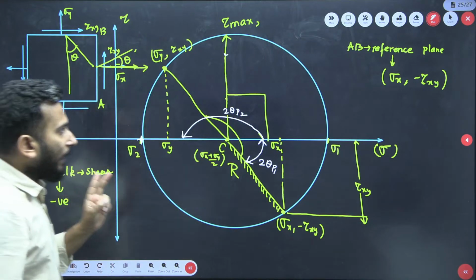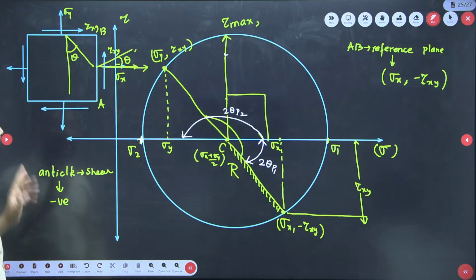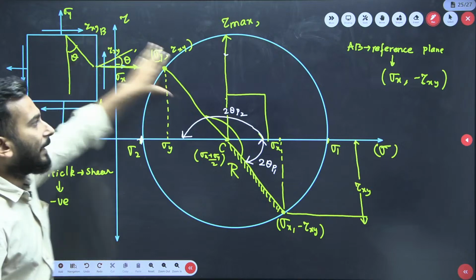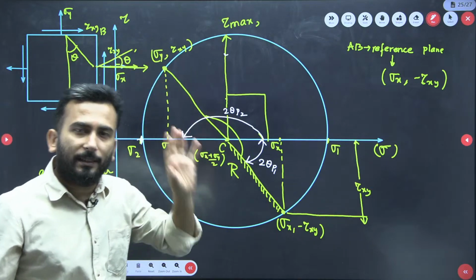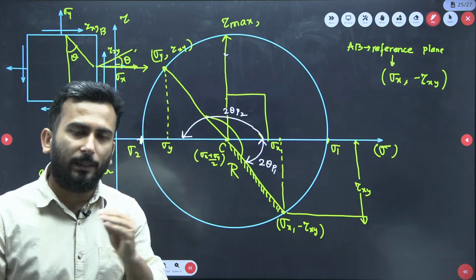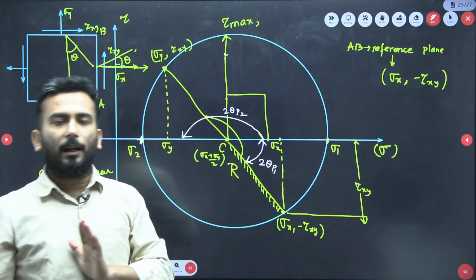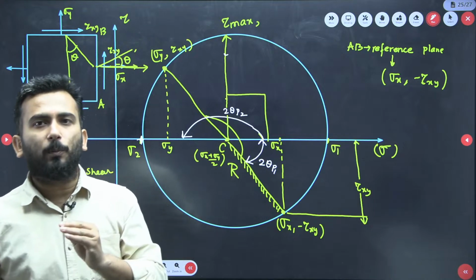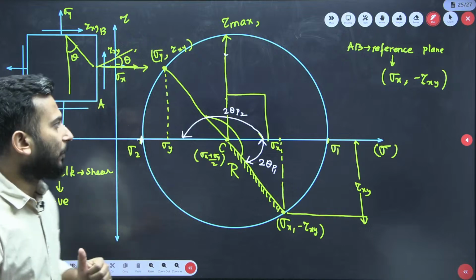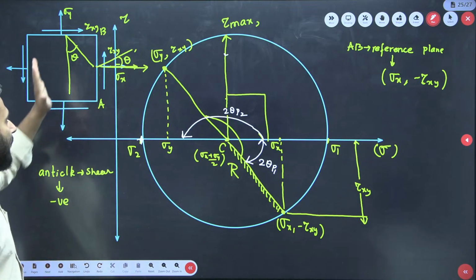So in my opinion, what is necessary is the relation between this 2D element and this Mohr circle. If you are able to understand this relation, then I think your basics will be 100% clear and you will face no problems in Mohr circle. What is my reference angle?